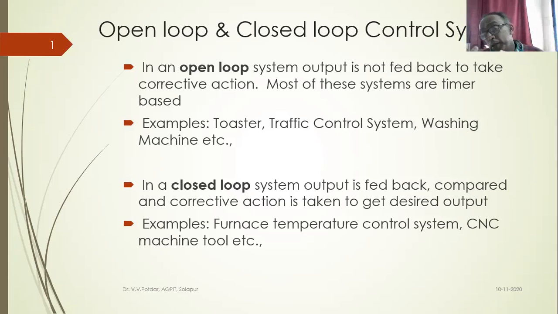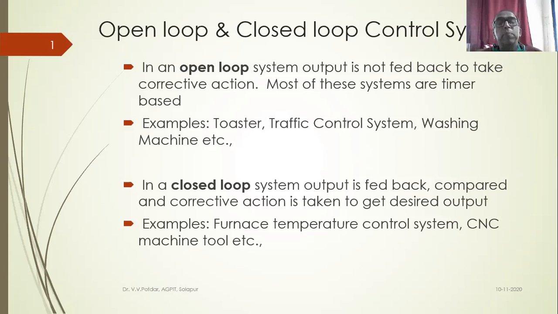So the output is constantly monitored in case of a closed loop control system. Examples are the furnace temperature control system. The human body is the best example of an automated closed loop control system. In a CNC machine tool, the feed rate, the depth of cut, spindle speed, lubricant control, coolant control, all those things can be done, and those can be constantly fed back till the desired output is obtained.